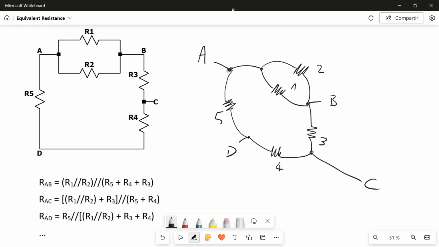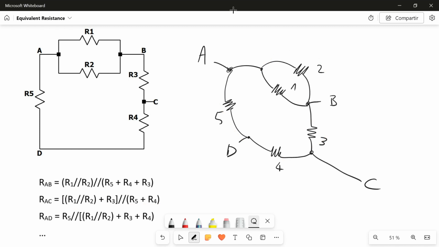D in the middle, but I don't care because the current flows in this direction. So in this case, I will have the parallel of R5 plus R4 in parallel with what? With all this block here, which is R3 plus the parallel of R1 and R2. So parallel of R1 and R2 plus R3, and all this in parallel with this branch, R5 plus R4.